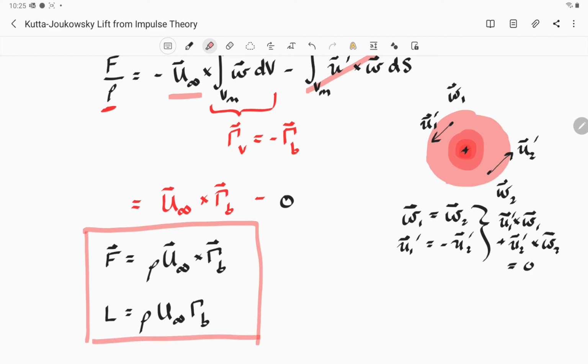Where in this form, the sign convention is that a clockwise circulation is positive, whereas in the vector form, the positive direction for gamma b is out of the page. You can use whichever sign convention you like, but this is the destination we are aiming for. So I will leave this video at that for today.